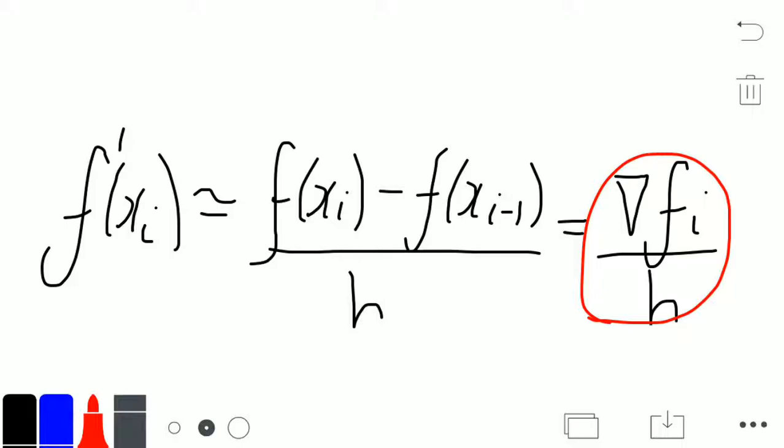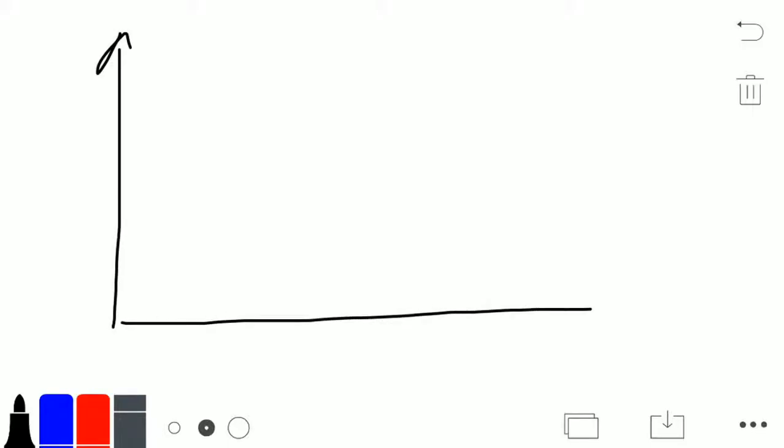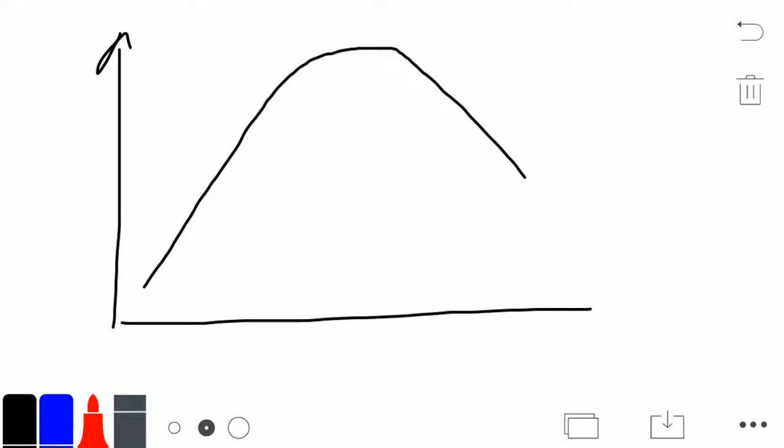But now there's another way that we can approximate the value of the derivative, and that's by using a centered approach. In order to do that, we subtract the backward difference from the forward difference. And why do we do that? Well, let's just take a look again at our plot. We had our function, and we wanted to calculate the value of the derivative at point i.